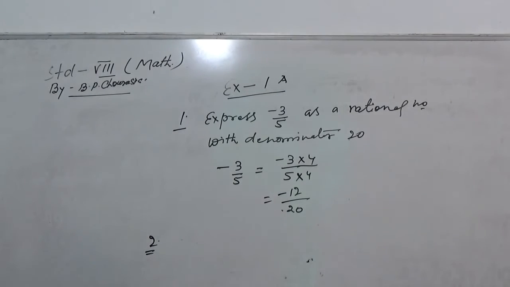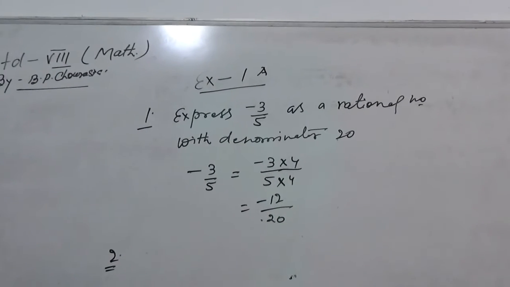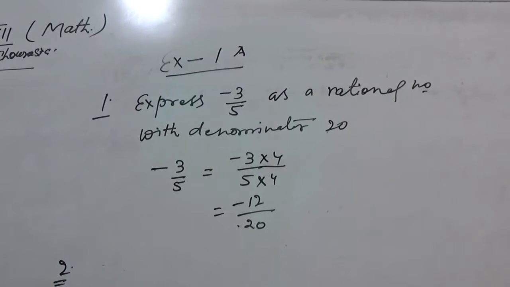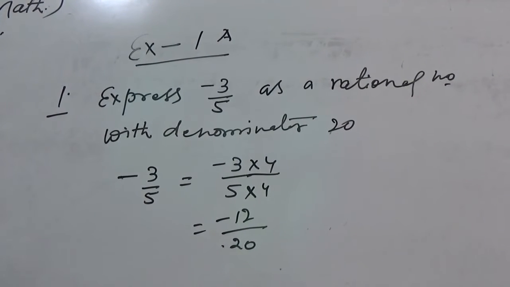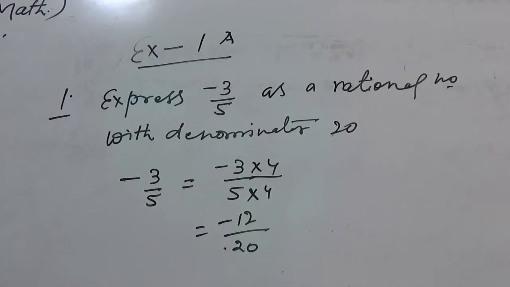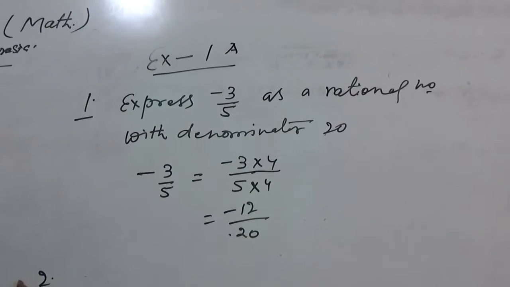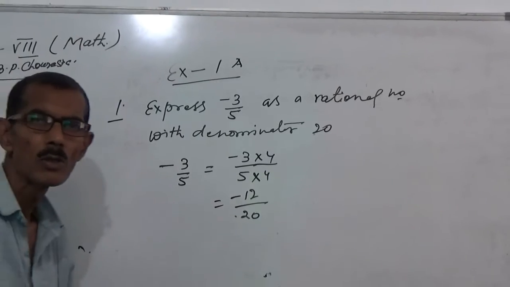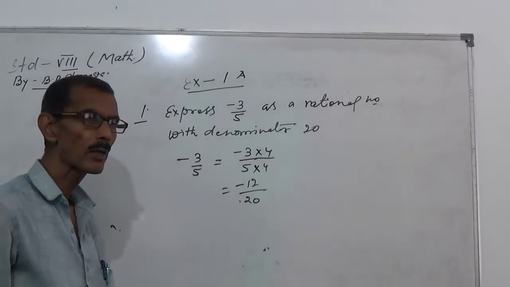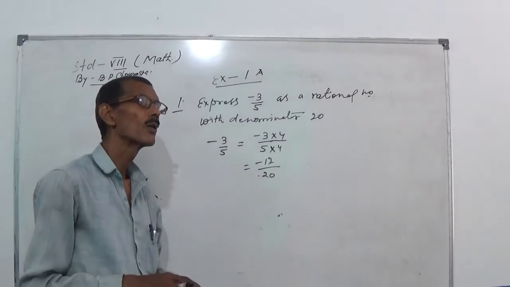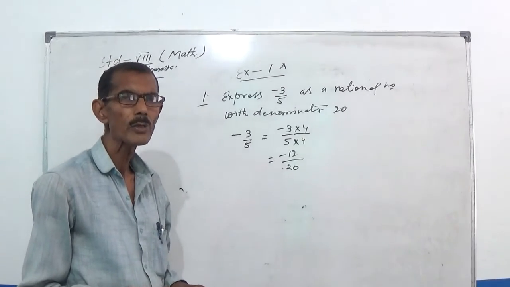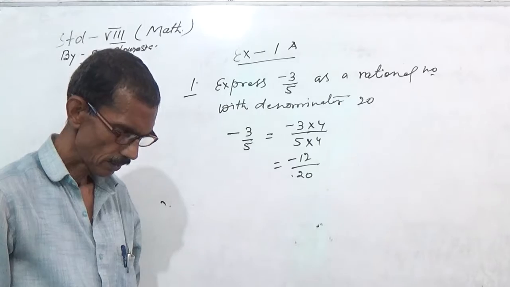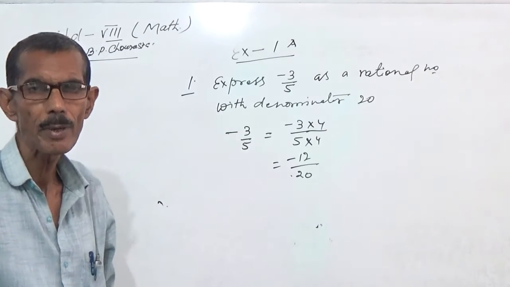Question number 2. Express it now as a rational number with the given denominator. So in this type of question, you have to change either the numerator or denominator by a particular given number.